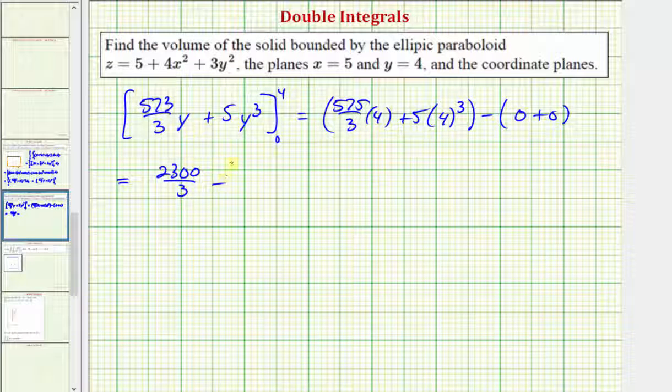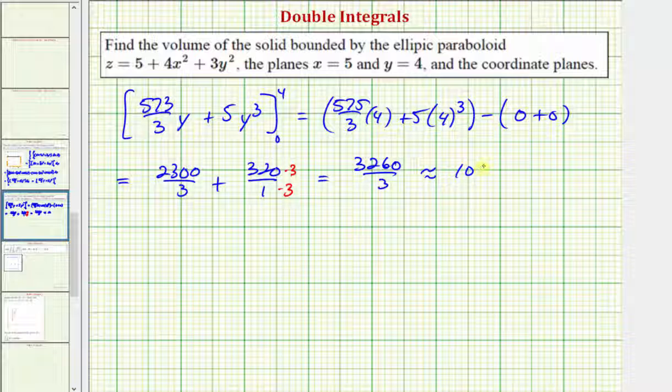And then we have plus 5 times 4 cubed, which is equal to 320, or 320 over 1. So obtaining a common denominator, which would be 3, we'd multiply here by 3 over 3. So the sum comes out to 3,260 thirds, or as a decimal, this would be approximately 1,086.6667. And again, because this is volume, we could say cubic units.